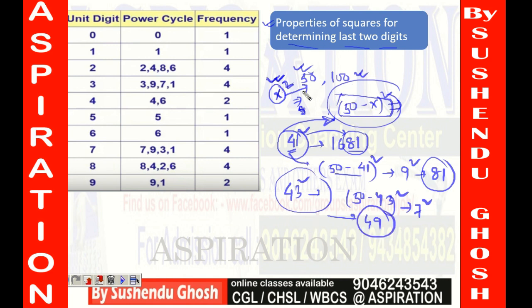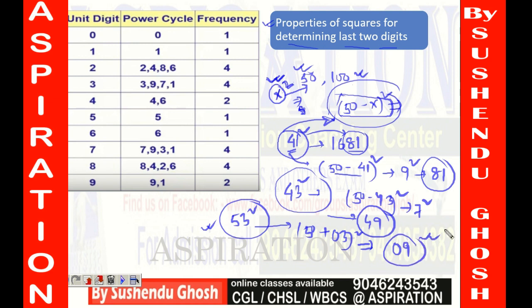Not only that, if any number is close to 50 or more than 50, for example I am trying to find the last two digits of 53 square, it will have the same value as 03 whole square. It means it will have 09 in the last two digits. If I am trying to find the last two digits of 57 square, it will be the same as 7 square. It means it will have 49 as the last two digits.